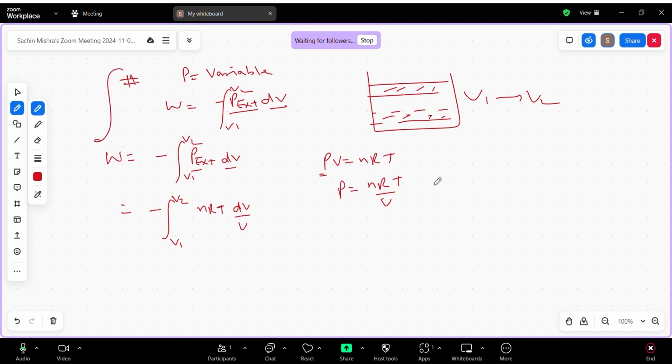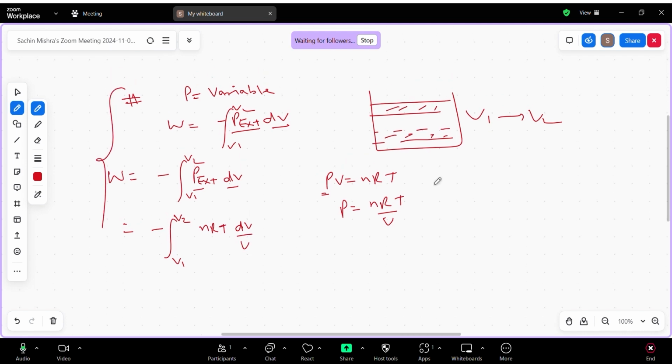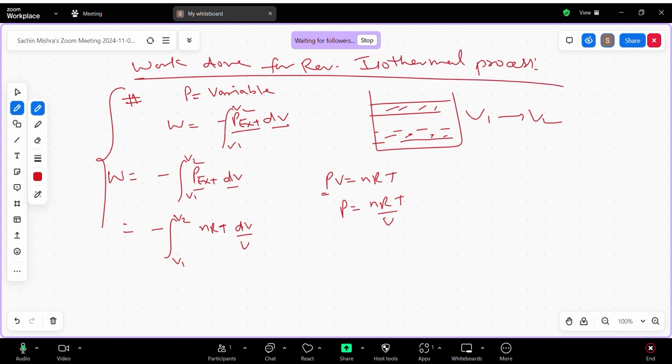This is the work done calculation for reversible isothermal, as mentioned in the previous case also. Work done calculation for irreversible isothermal, and this is for reversible isothermal. Note this down. So let's see here.